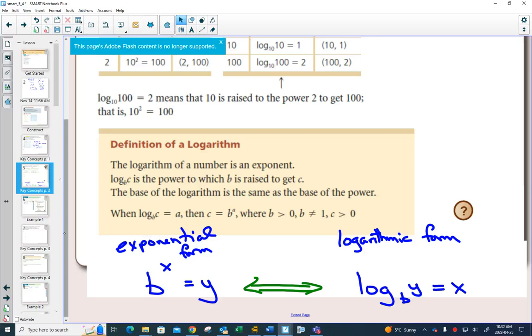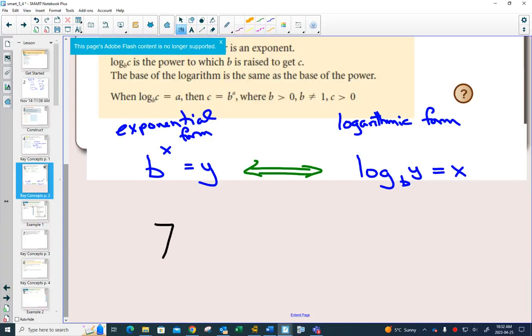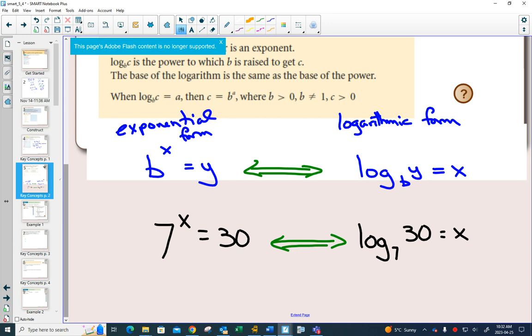But there's still going to be some problems that we're going to run into. For example, I had started off with how do you solve 7 to the x equals 30? Well, according to the definition of a logarithm, you could rewrite this as log base 7 of 30 equals x.